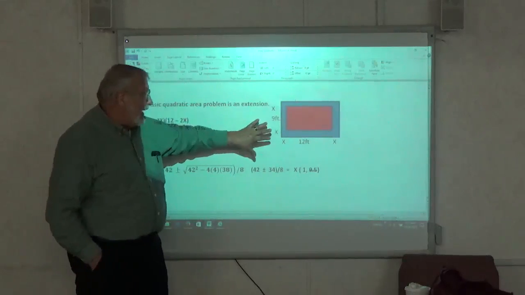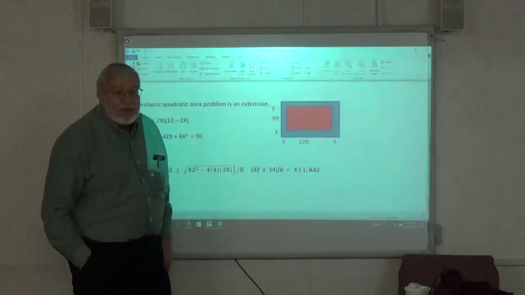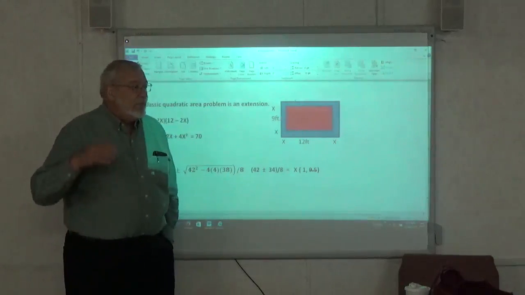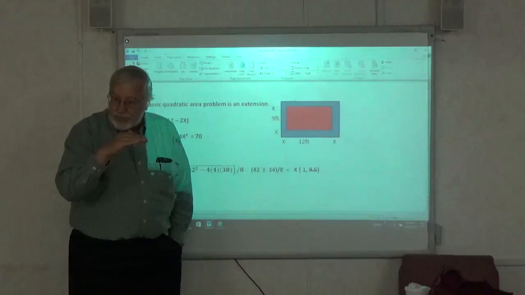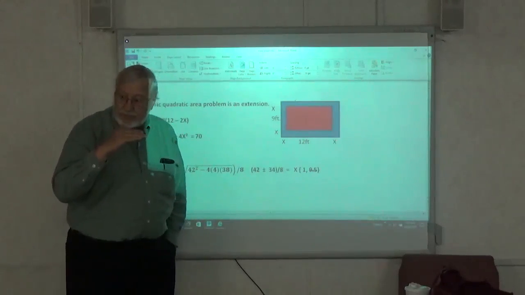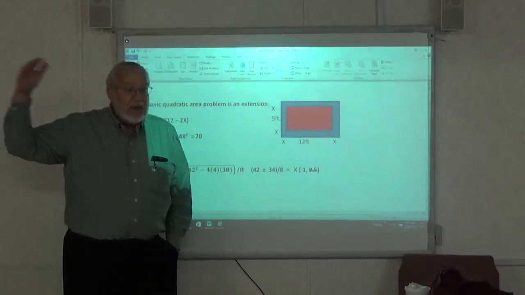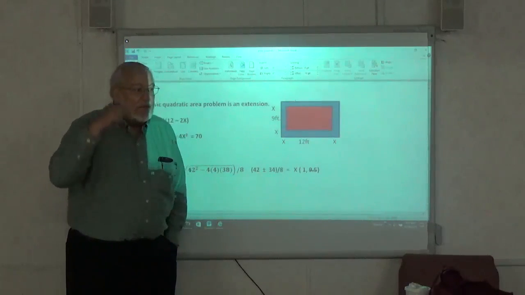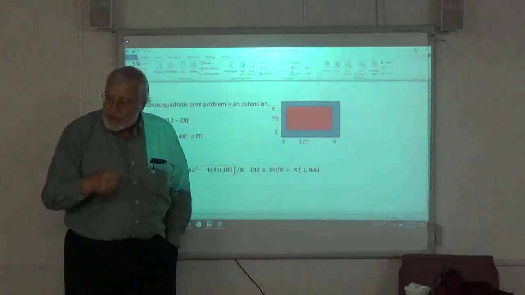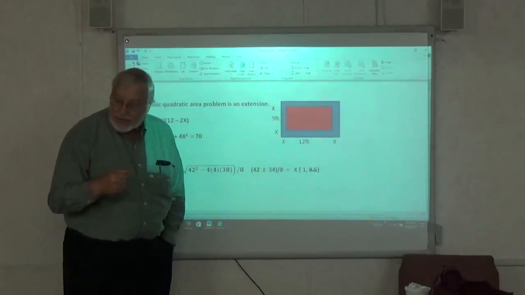You begin to see. Now, you will see a problem like this on an Algebra II level testing problem for advancement, because it makes you have to use a quadratic equation to find the answer. Right?